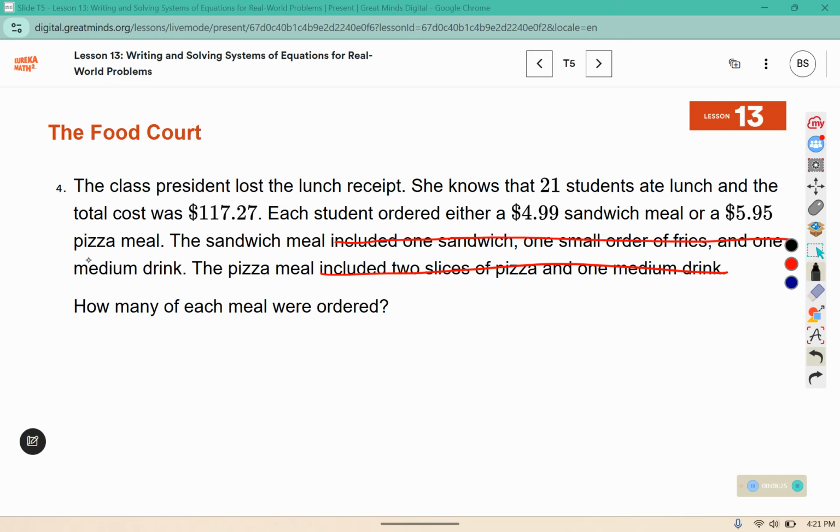The sandwich meal was $4.99 and the pizza meal was $5.95 for a total of $117.27.